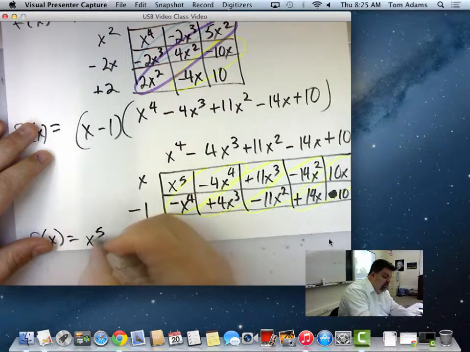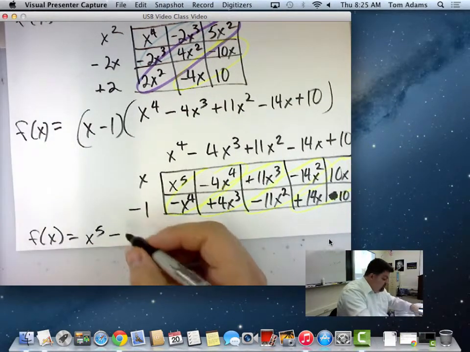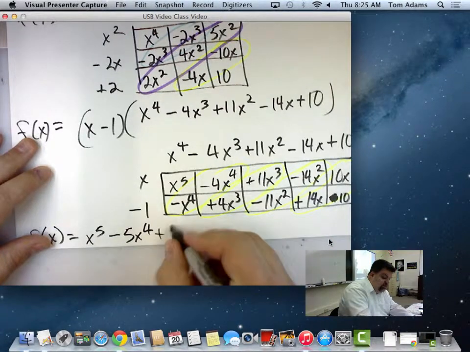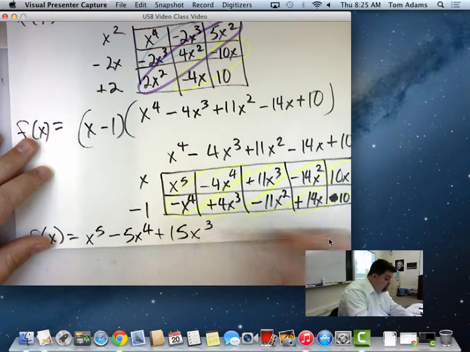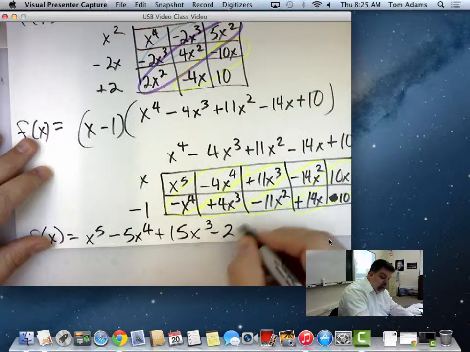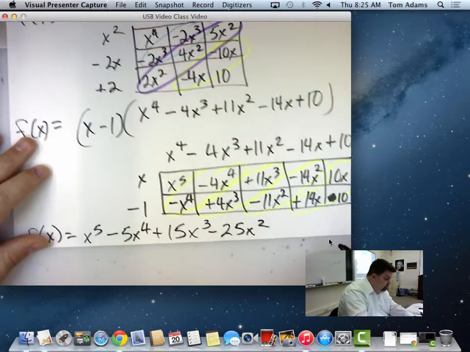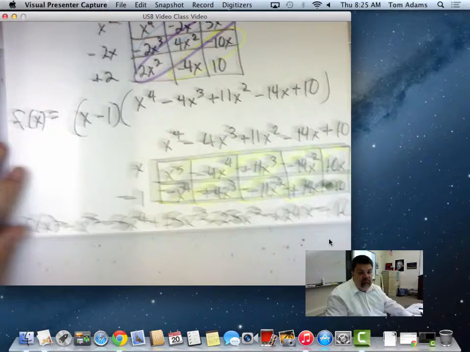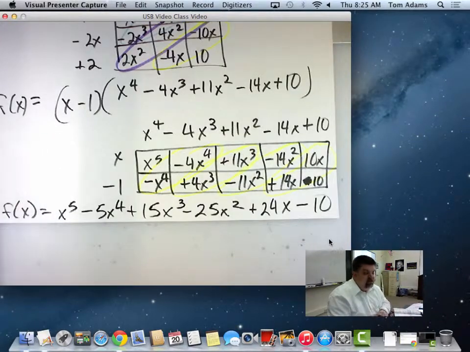So I should have x to the 5th minus 5x to the fourth plus 15x cubed minus 25x squared plus 24x minus 10. That's our answer. And that's the answer in the book, by the way. Any questions on that? Yes.